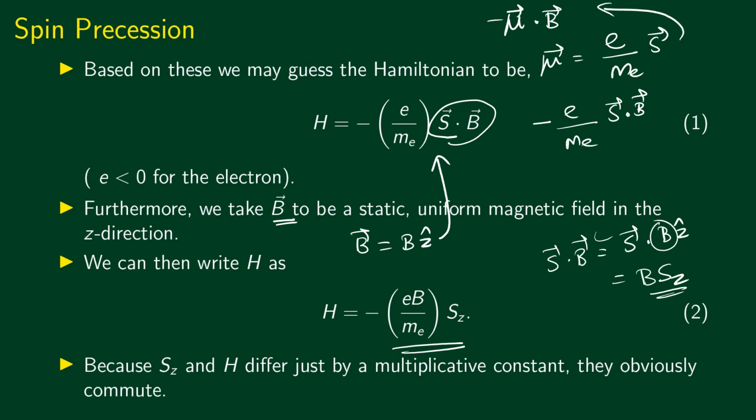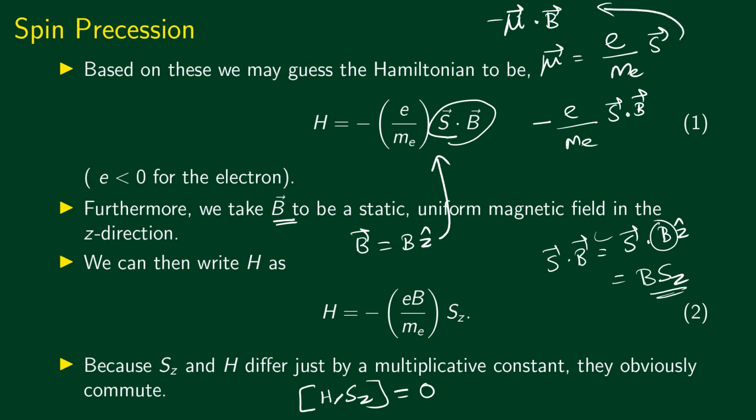Now here we see something interesting. The Hamiltonian operator and the S_z operator, they differ only by a multiplicative constant. All right, so they are proportional to each other. This means that they obviously commute. So it's clear that H commutes with S_z. The commutator of H with S_z is equal to 0. Okay.